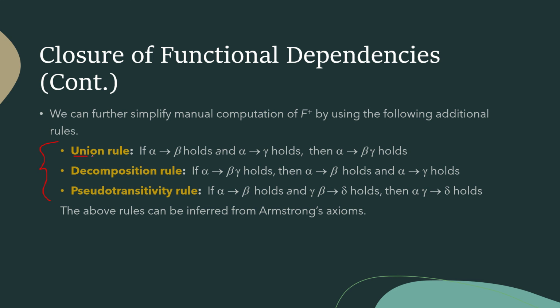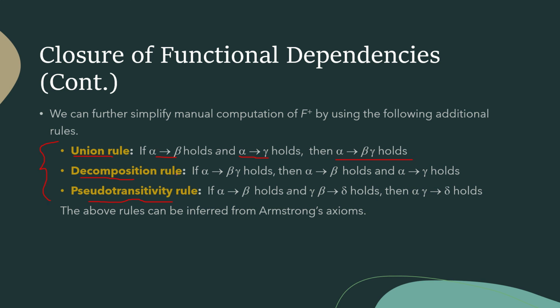They are the union rule, the decomposition rule and the pseudo transitivity rule. What is the union rule? If alpha implies beta holds for a relation and alpha implies gamma also holds, where the left side is the same, then alpha implies beta gamma. That is called the union rule; on the right side we are taking the union.